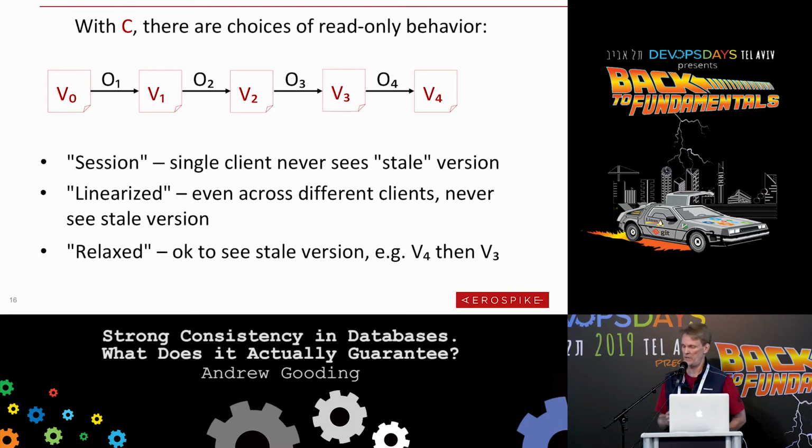And just for the heck of it, I'll throw up a third option, the relaxed one. We do have use cases where people don't want to lose the writes, which is the core definition of strong consistency, but they actually don't really care if they occasionally see a stale version, as long as it's not a dirty version. But usually the big question is, do I need my reads linearized or is session okay?